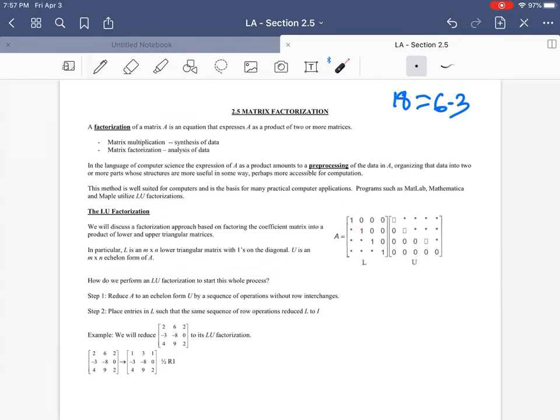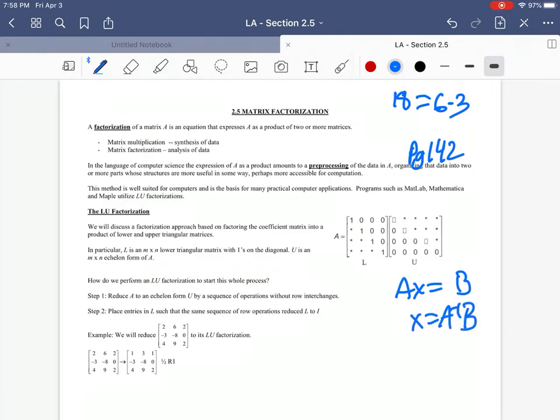All right, so the reason you do this, and if you really want to, you can read on page 142 in your book, and it breaks down a little bit of a reason why you do this. But when you're trying to solve an equation like Ax = b with matrices, all right, Ax = b. And you know how when we do that, we multiply by the inverse, so we get x = A^-1 b.